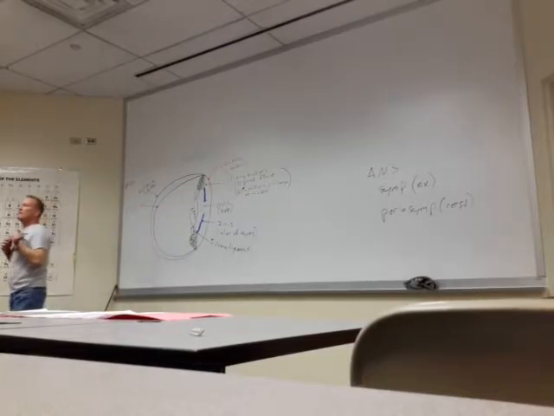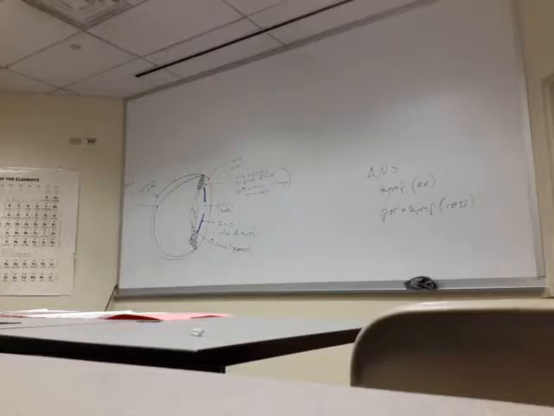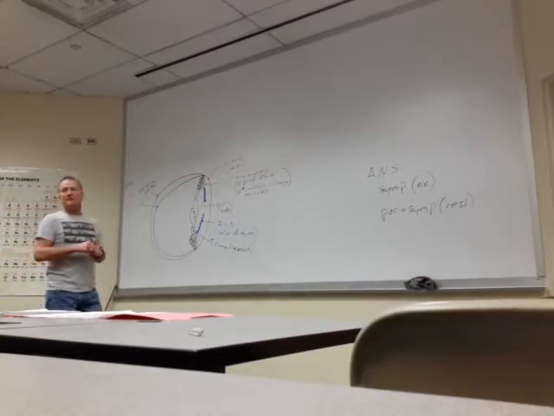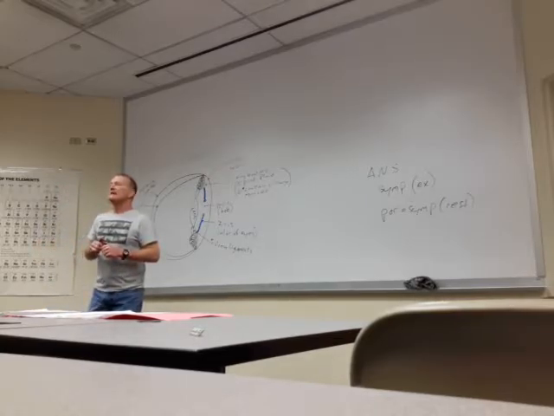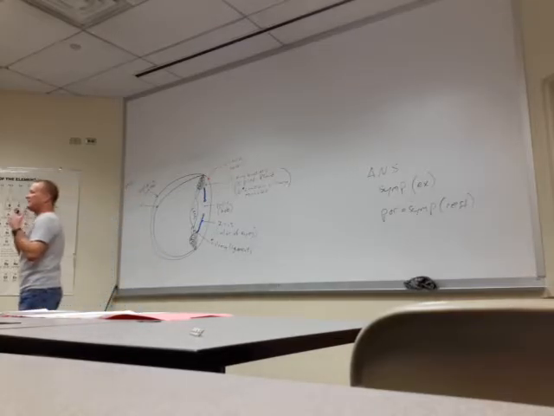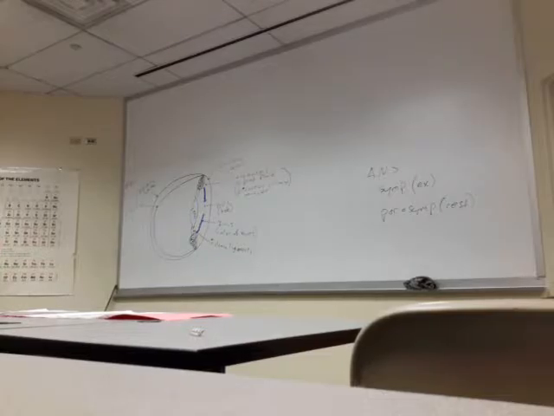Which cranial nerve innervates the ciliary muscles, causing the lens to change shape? It's easy. It's the same one. Number 3, the oculomotor. What's the name of this process or phenomenon of the lens changing shape to focus on near versus far objects?